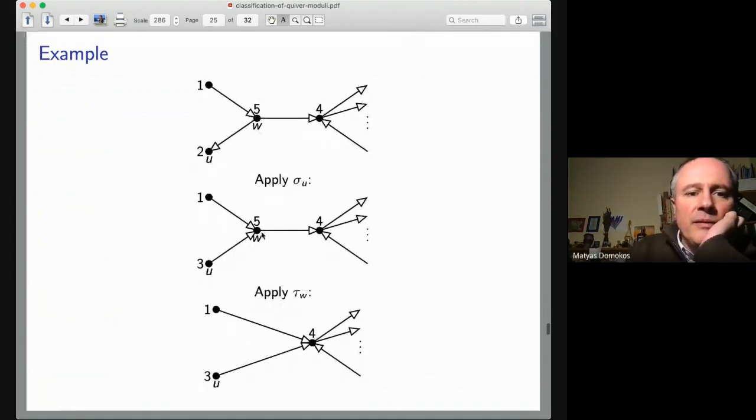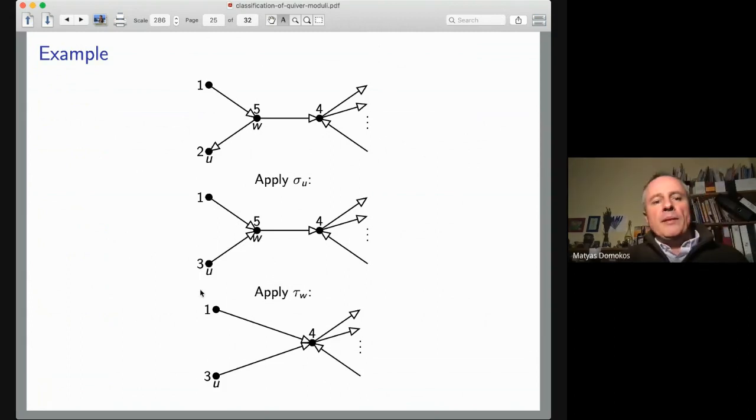And observe that for this new quiver dimension vector pair, W is a so-called large vertex, because there are two arrows ending at W, and 1 plus 3, so 4, is smaller than the value of the dimension vector at W, and there is only one arrow going out, and 4 is smaller than 5.